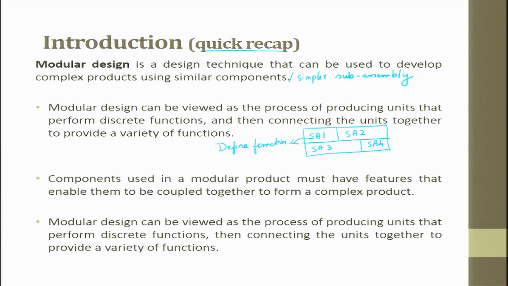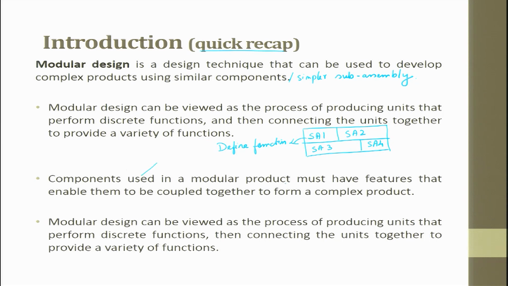So, what is the advantage? The advantage is if one particular function fails, then replace this alone, rest of the old parts can be retained for their application. So, performing discrete functions and then connecting the units together to provide a variety of functions.